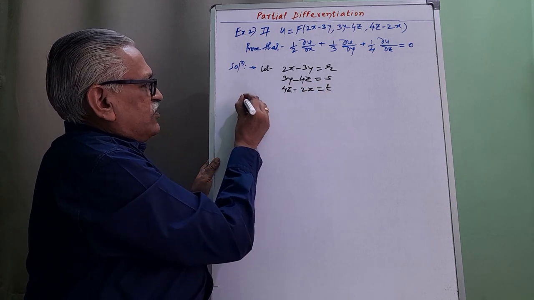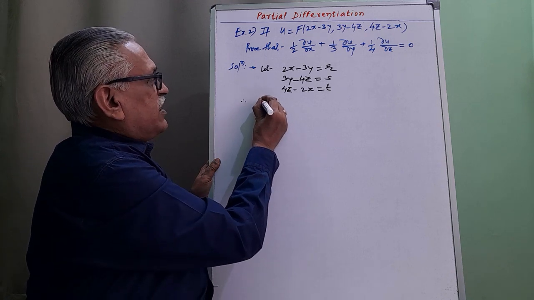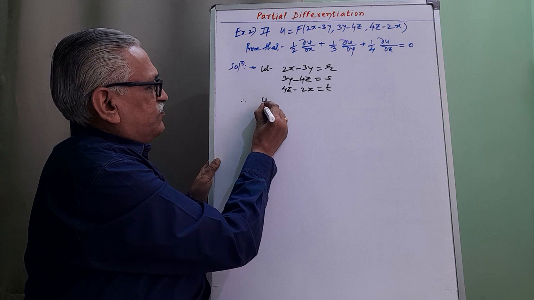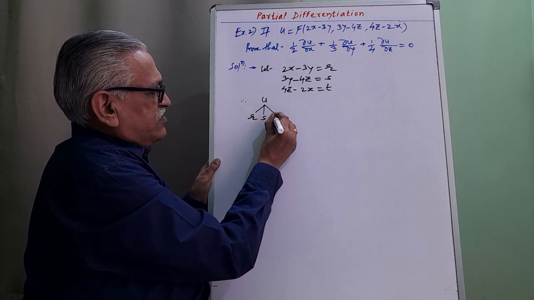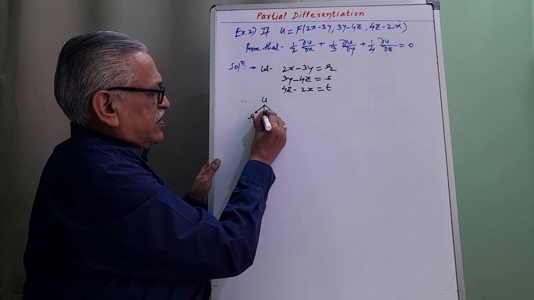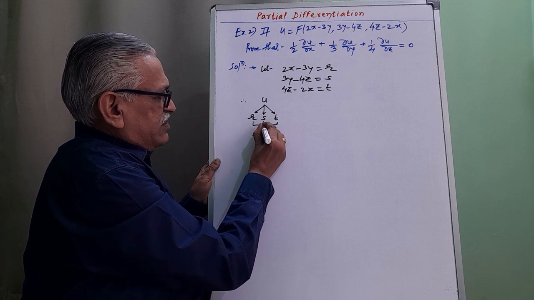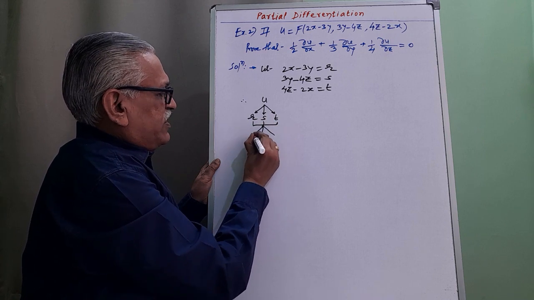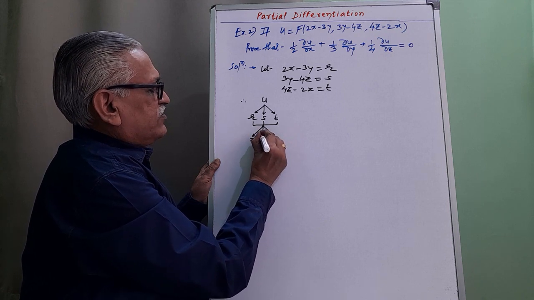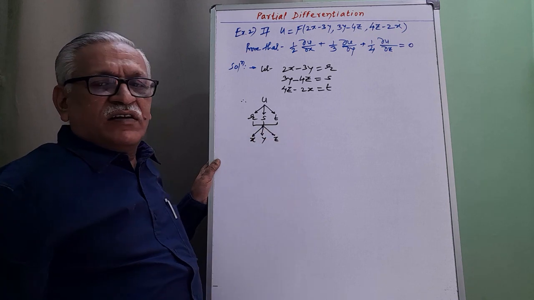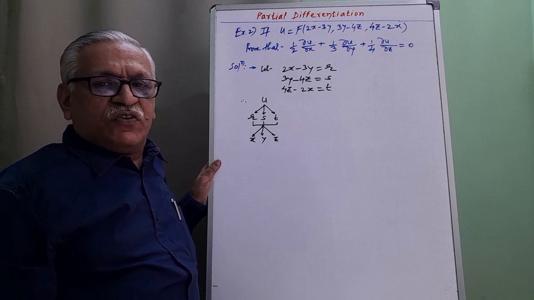And therefore, we try to draw a tree diagram for this, that u is a function of 3 independent variables r, s, t, and these r, s, t are again functions of new 3 independent variables x, y, and z. Function of function, and that's why it becomes a problem for change of independent variable.